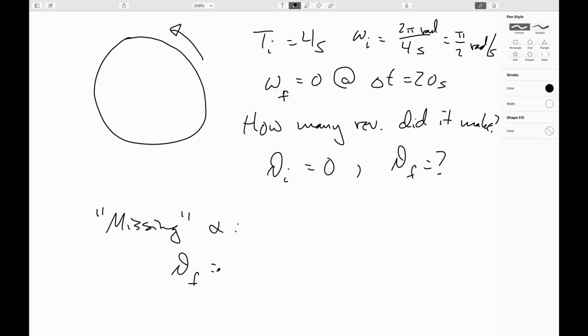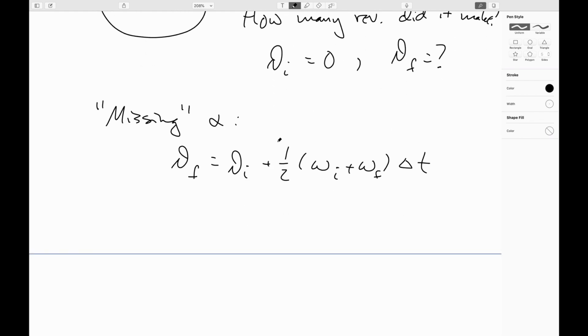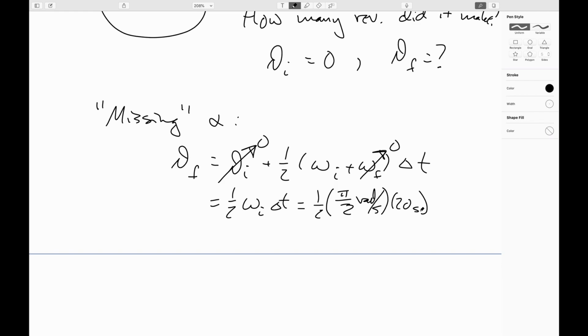So we have theta final equals theta initial plus 1/2 omega initial plus omega final delta t. And we can stick in our zeros. Theta initial is 0, omega final is 0. So we get that it's 1/2 omega initial delta t. So it's 1/2 times our pi over 2 rad per second times 20 seconds.